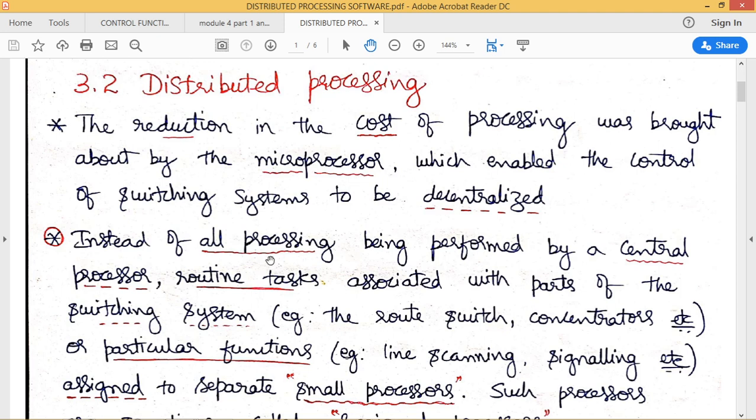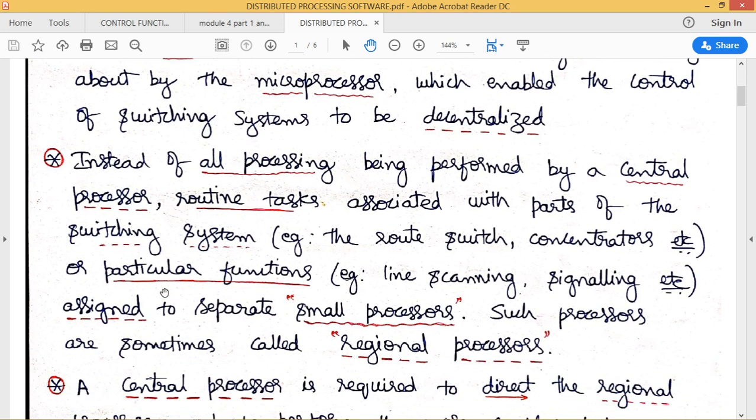So instead of all processing being performed by a central processor, certain routine tasks as well as particular functions can be handled separately. Routine tasks associated with part of the switching system, that is associated with the exchange, include route switch detection and operation of concentrators.